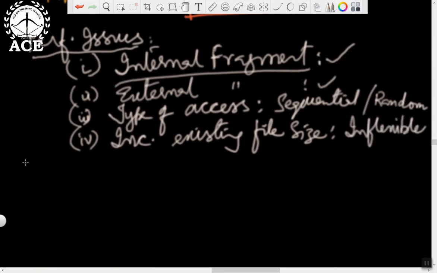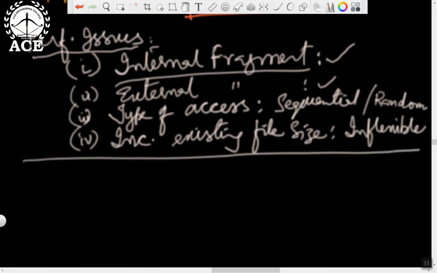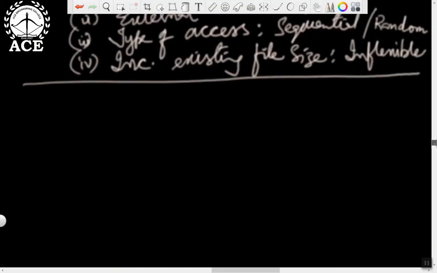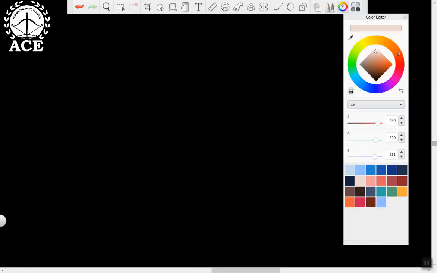These are the drawbacks of contiguous allocation. So what contiguous allocation is, how it is done, and what the issues involved in it are, I have presented to you. To overcome these issues, we can think of going in for what we call linked allocation. So let me write it here. Next is linked allocation.